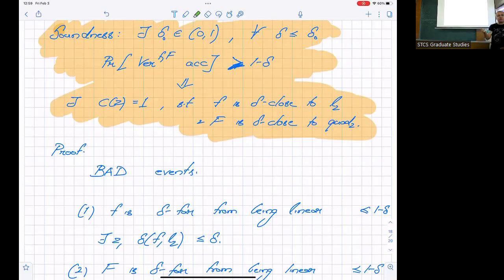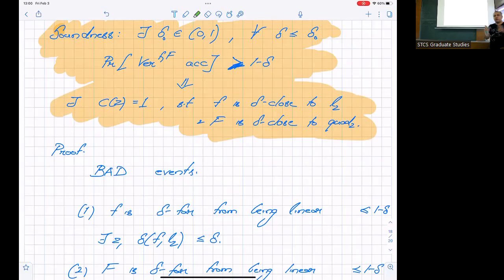We'll have both of these objects: a constant query PCP with exponential rate, and a polylog query PCP with polynomial rate. We'll see how to put these together. This situation is very similar to code concatenation in coding, where you had Hadamard codes, which have extremely good distance but inverse exponential rate, and the Reed-Solomon code, which has very good distance but over a large alphabet.